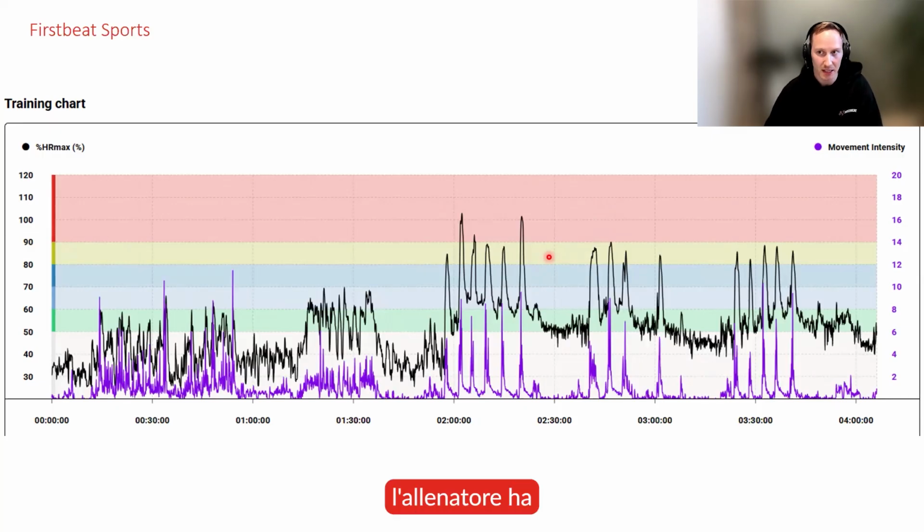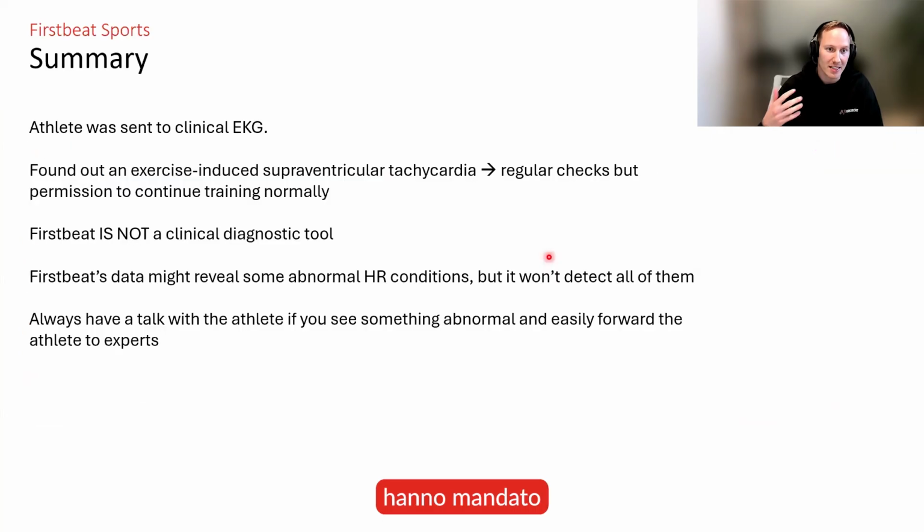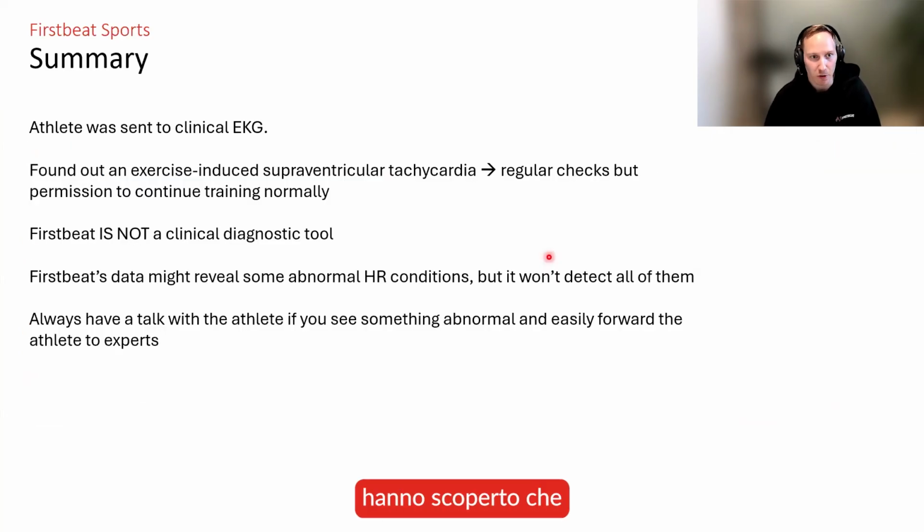And the coach checked his data. Okay, this looks abnormal. And then they sent the athlete to a clinical ECG. And they found out that there was an exercise-induced supraventricular tachycardia.